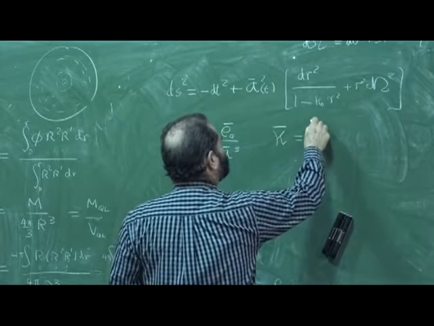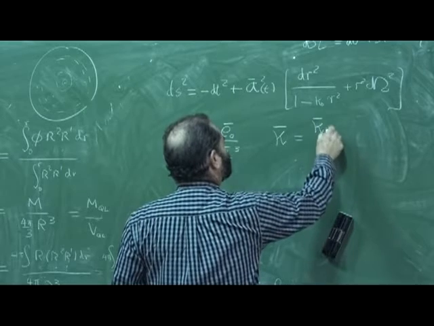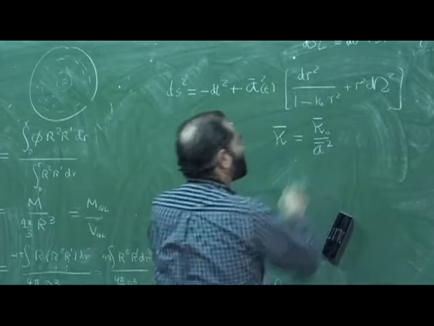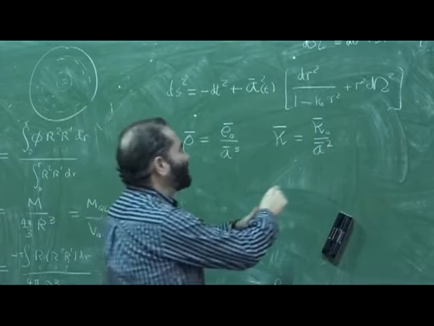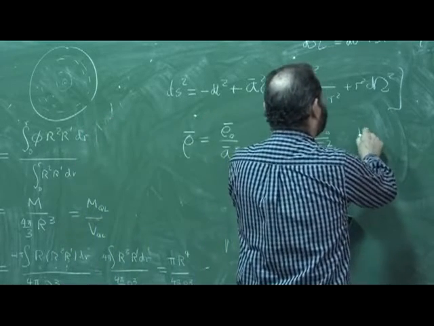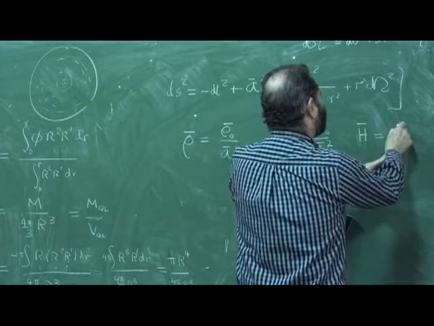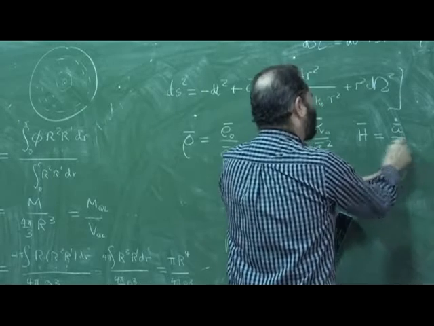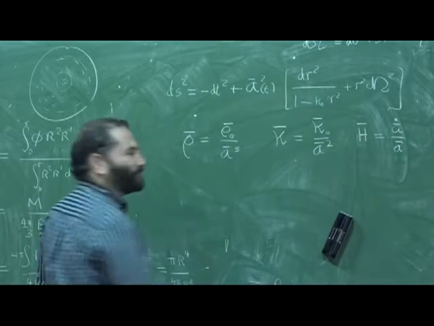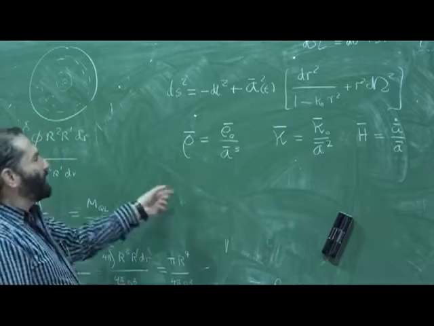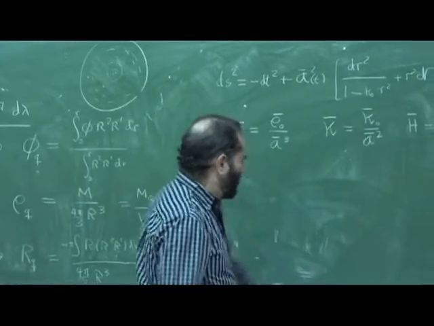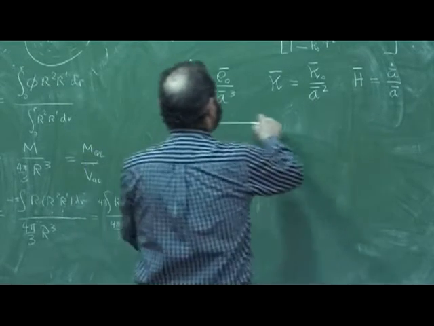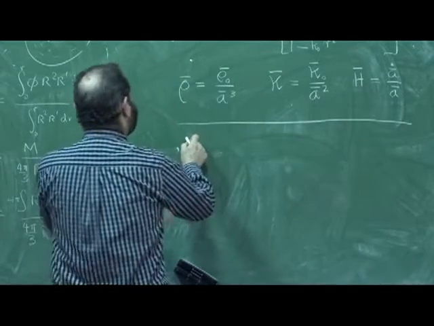It would be this. And the Hubble factor, the Hubble scalar, is this. Now, we're using an LTB metric that looks very similar.